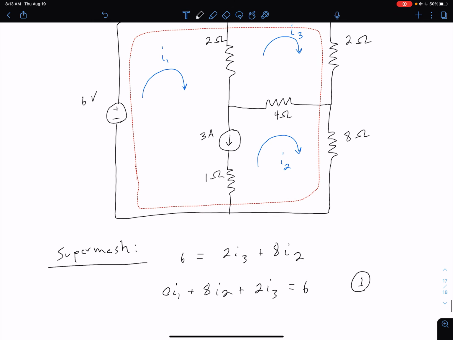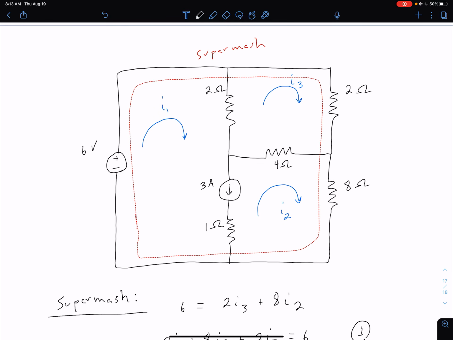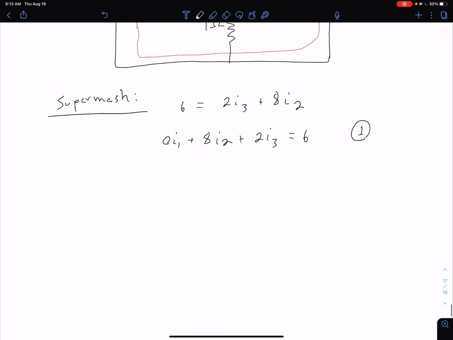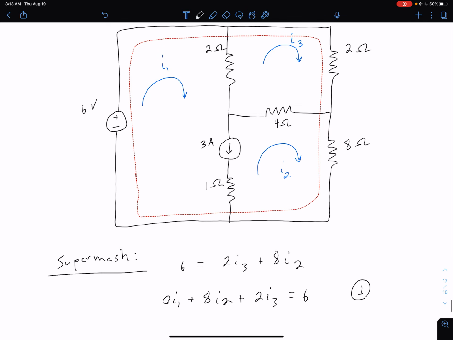Okay, so our second equation: whenever we're doing a supermesh, we get one equation from the supermesh, and we get the second equation from looking inside the supermesh. So I'm going to come down here and say we're going to get this equation from looking, quote unquote, inside our supermesh, which I'll just abbreviate as SM. What that means is we want to look at this shared branch here. And remember, there are 2 ways that we can determine the relationship between, in this case, I1 and I2 and that current source.